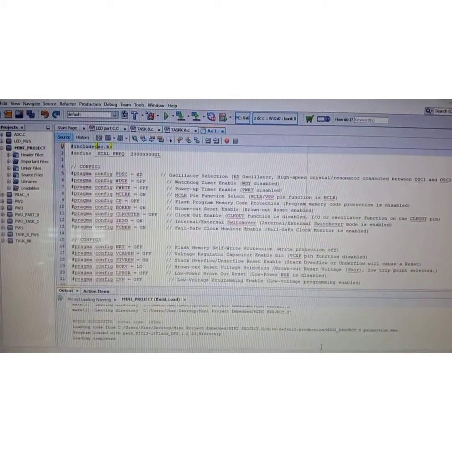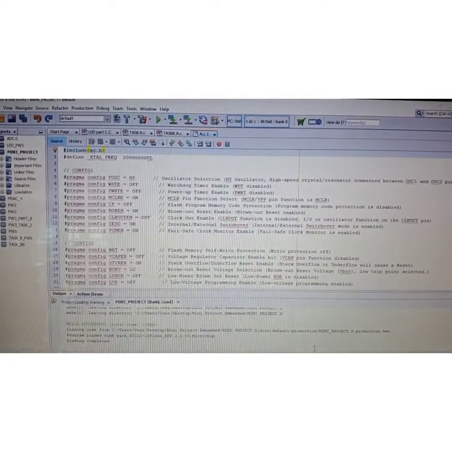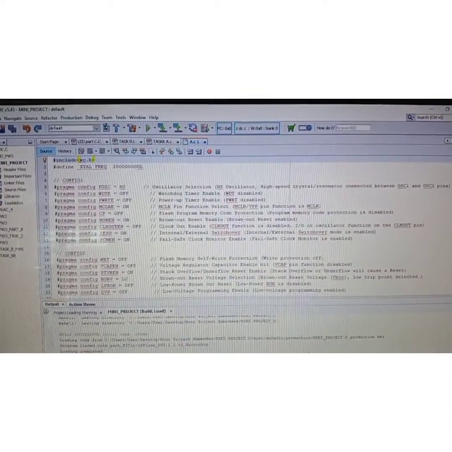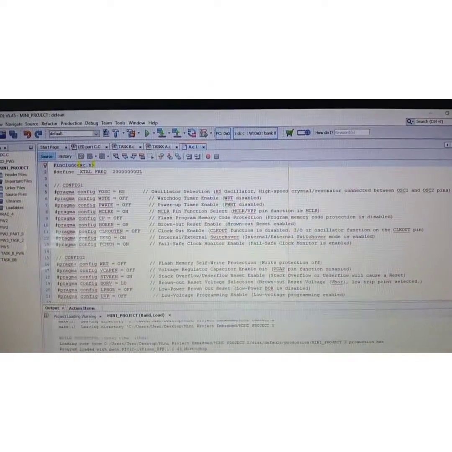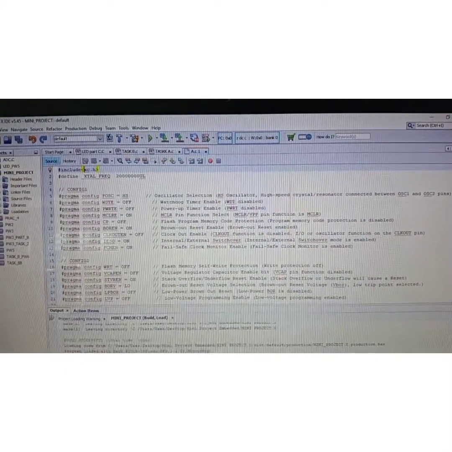#pragma config FOSC = HS stands for oscillator selection, HS oscillator: high speed crystal or resonator connected between the OSC1 and OSC2 pins.